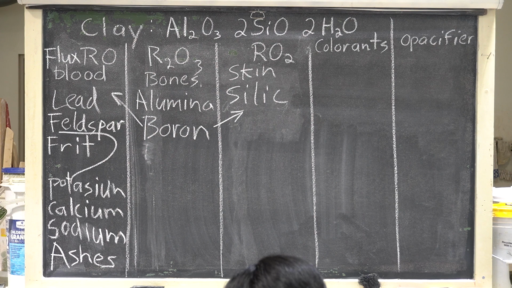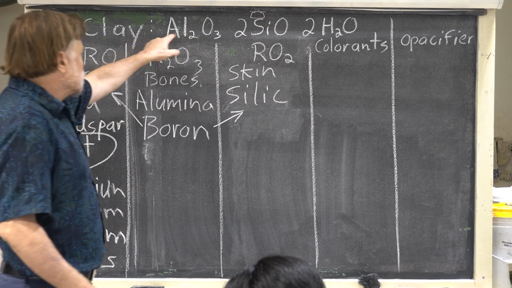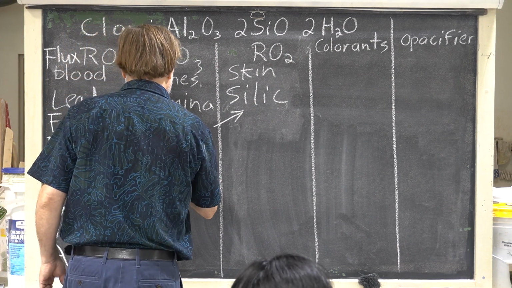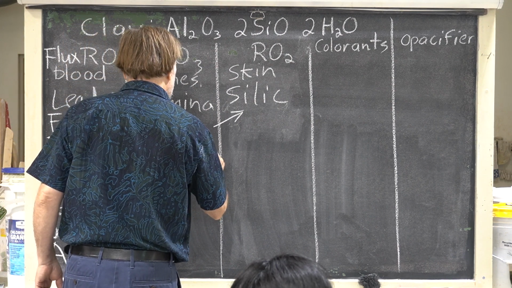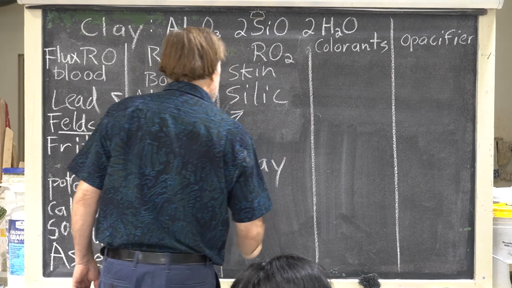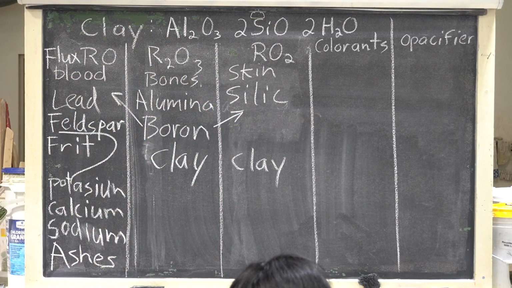And some feldspars can make a glaze by themselves. What you usually want to do is add a little bit of clay as a binder to it. So clay will also give you alumina and silica. So we can put clay in both of these categories. Now clay can also be a colorant.